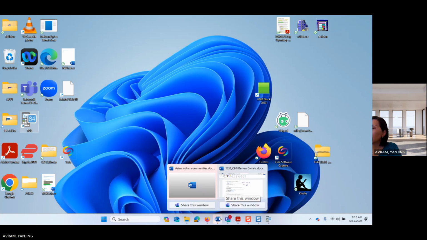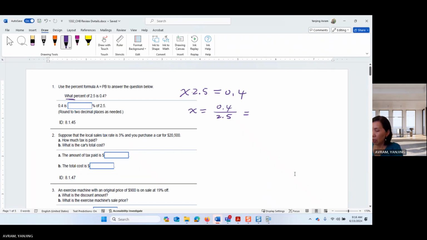0.16. So we have 0.16. And this one is rounded to 2 decimal places as needed. And we're going to multiply by 100%, okay? So multiply by 100%, 100% is kind of 100 over 100. And that is equal to 1, right?